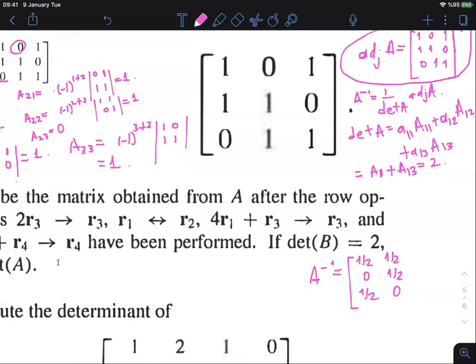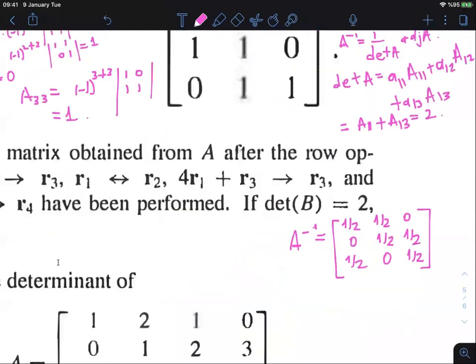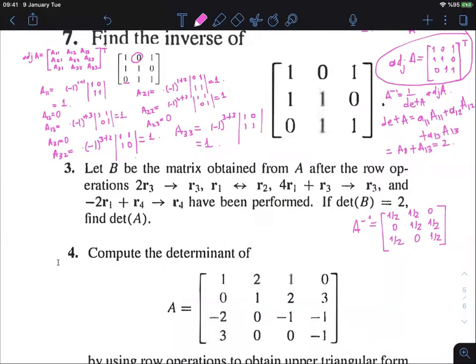And the third row becomes 0, 1 over 2, and 1 over 2. Okay, this is the inverse of the matrix. Any questions? Sorry about that mistake, but it's good to make mistakes so that we can learn better, I think.